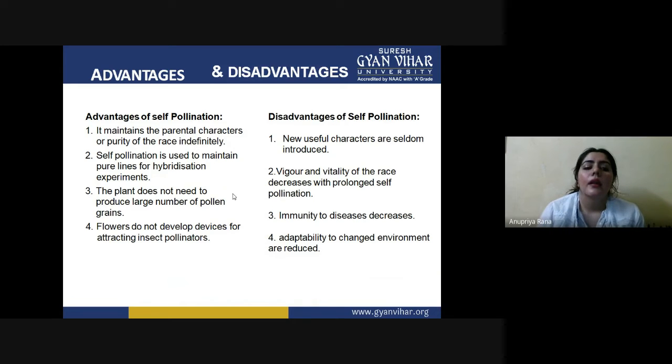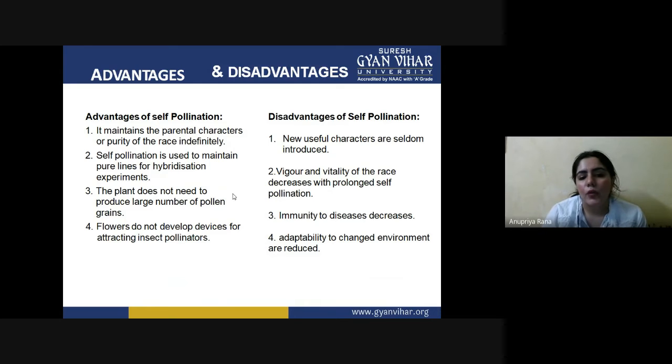Now, the plant does not need to produce a large number of pollen grains, so the quantity of pollen can be limited because they just have to pollinate within the same flower. They do not need a vast quantity of pollen to be transferred to another plant.